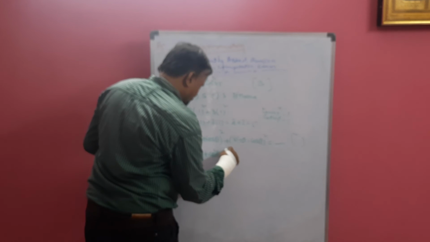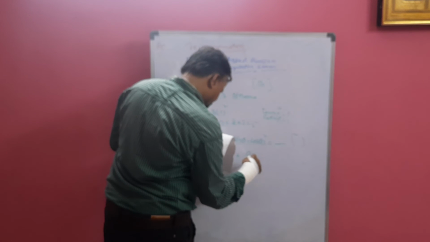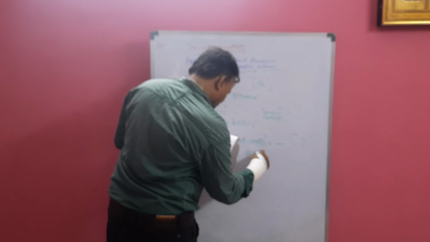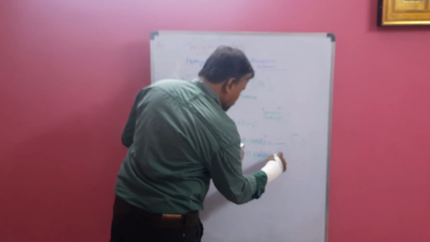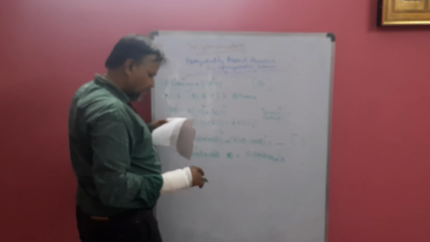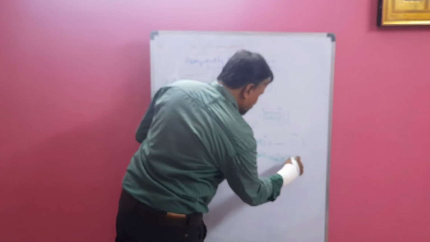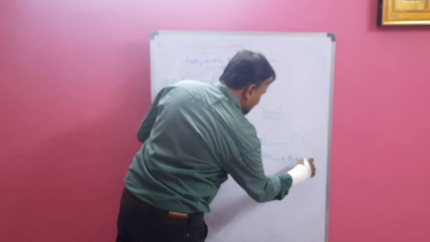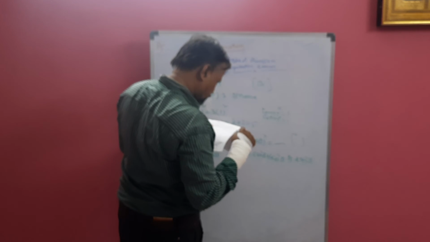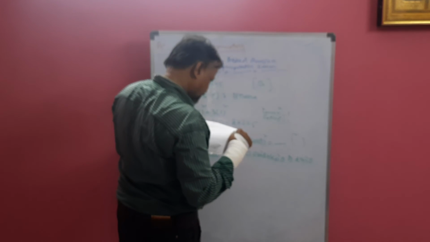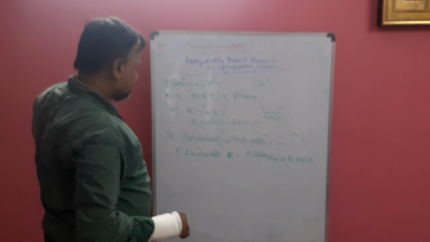Second, B, is 2. C is 2 sin square theta plus 4 cos square theta. And the fourth is 2 sin square theta. Something is missing, okay, let us see.